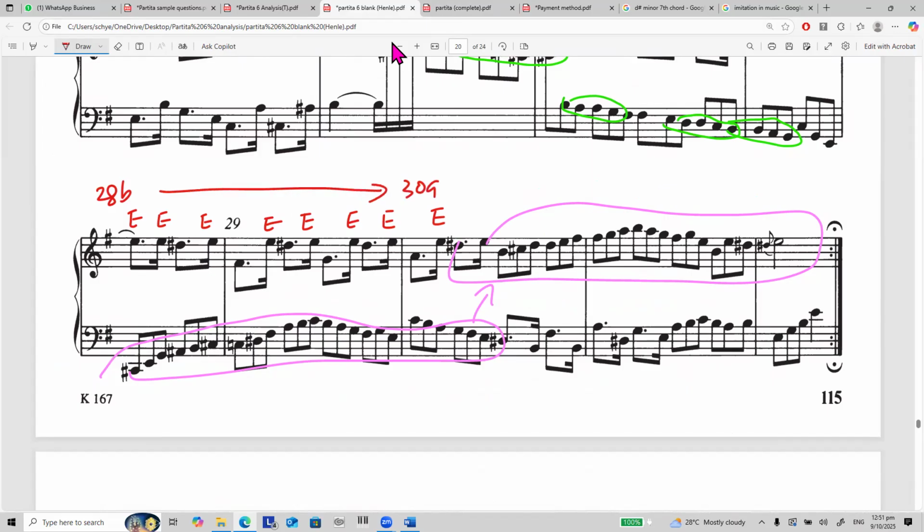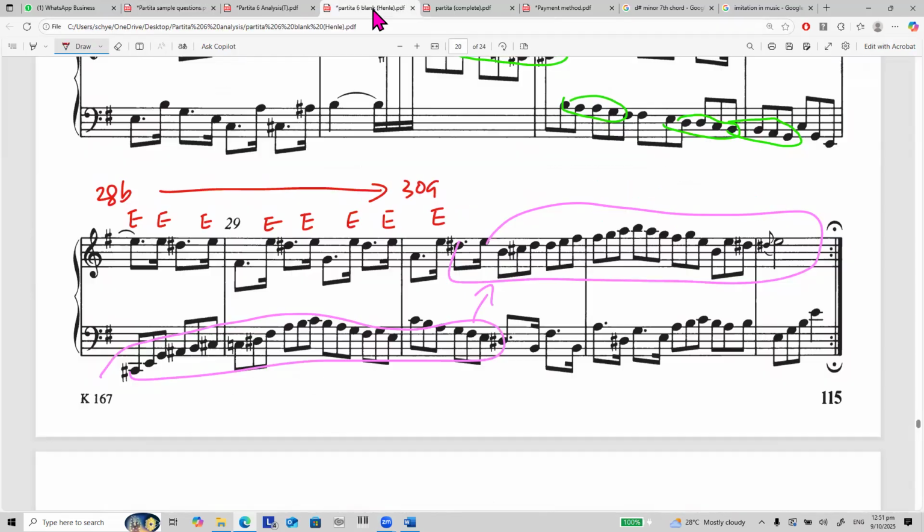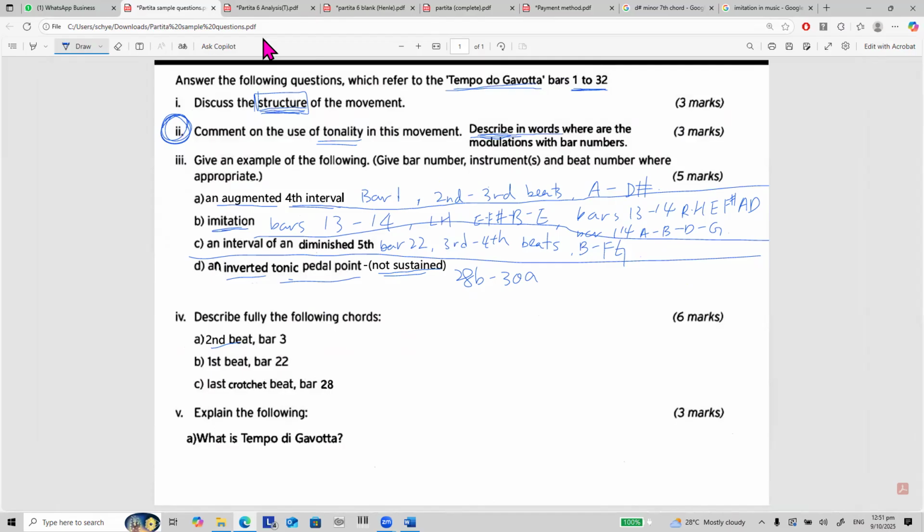So 28B to 30A, which is the first part of bar 30. So over here, you can answer 28B to 30A, in the top right-hand part.